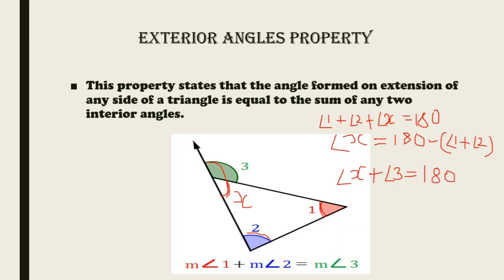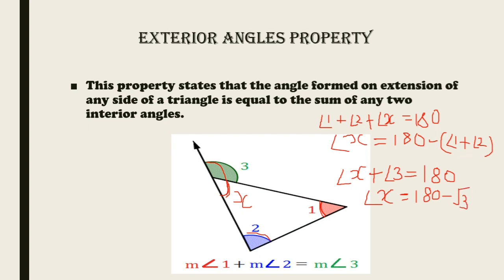Now from this we can write angle x is equal to 180 degrees minus angle 3.